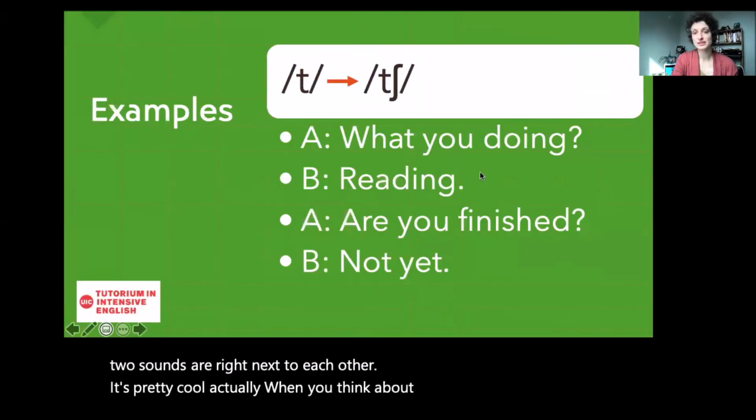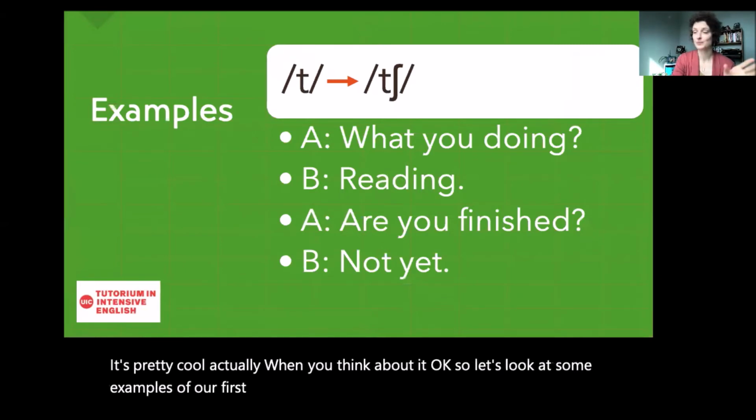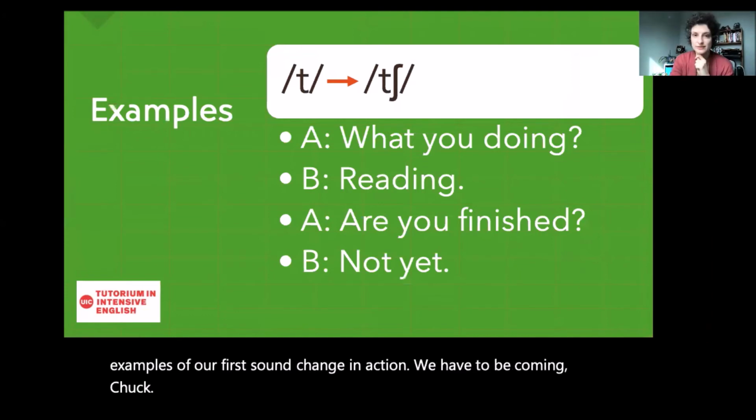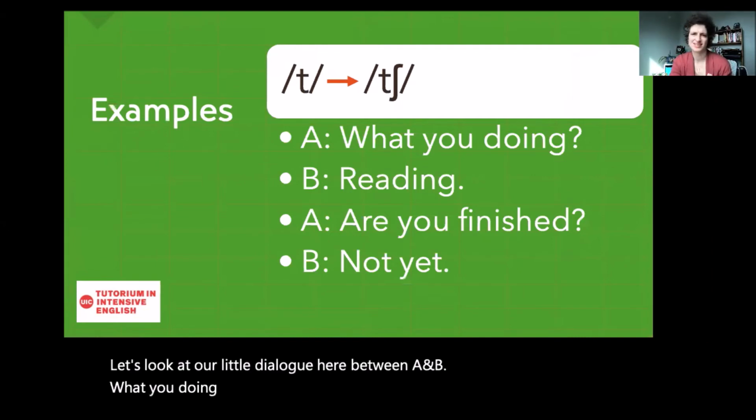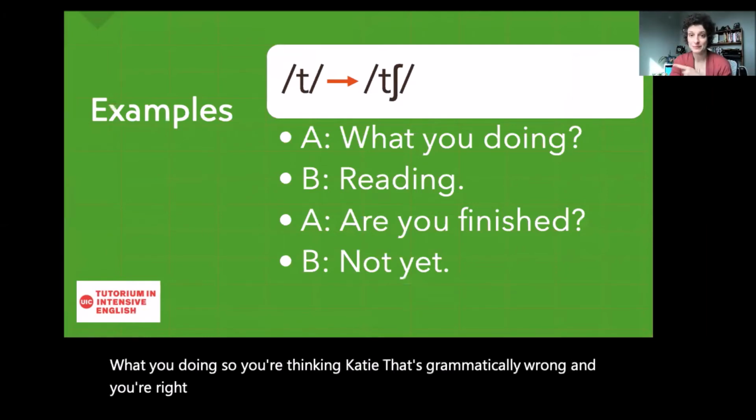Okay, so let's look at some examples of our first sound change in action. We have t becoming ch. Let's look at our little dialogue here between A and B. What you doing? So you're thinking, Katie, that's grammatically wrong. And you're right. But this is how people talk.